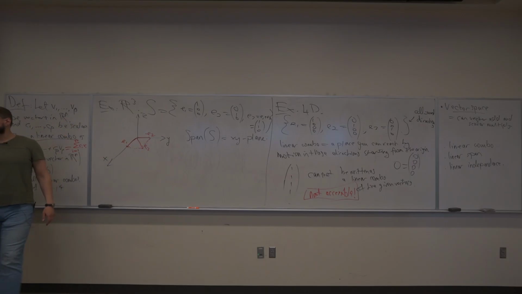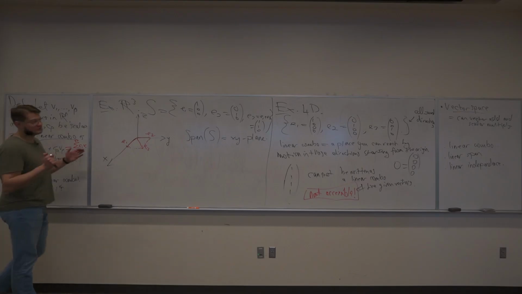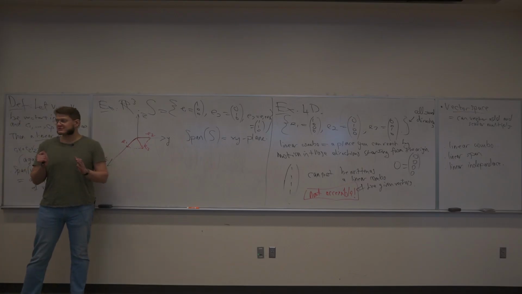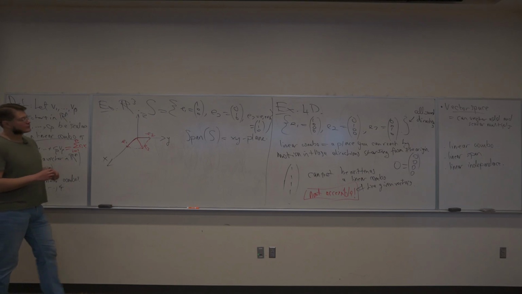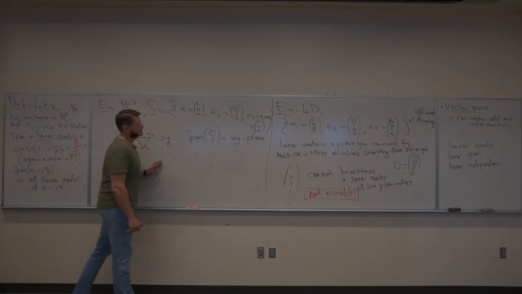Now, geometry is going to be harder to visualize. But of course, that's where we start using algebra. And it all boils down to solving systems of equations. We'll do a more complicated example in a second.